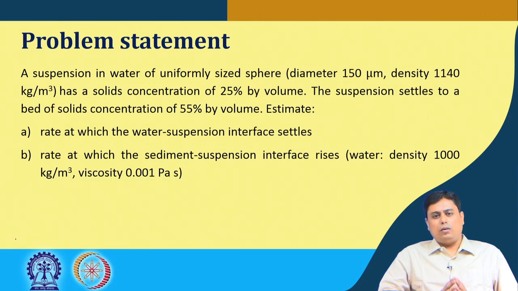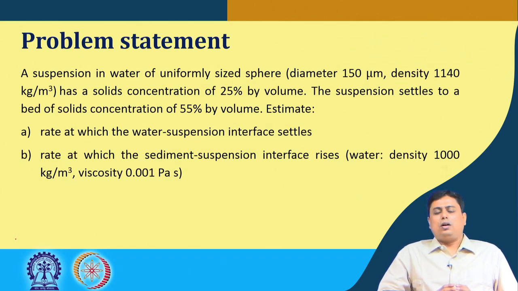Again, if you remember one schematic that we showed, one can observe two different ways of sedimentation process. One was that you had a clear liquid section, that is zone A, then you have zone B, where the concentration of the suspension is the same as the initial feed concentration, or the initial concentration that you started the experiment with, because in batch operation there is no feed as such.